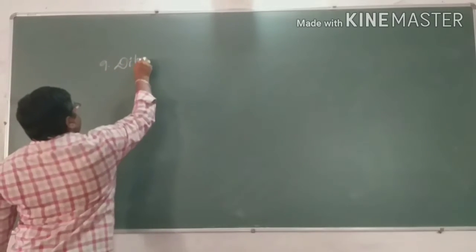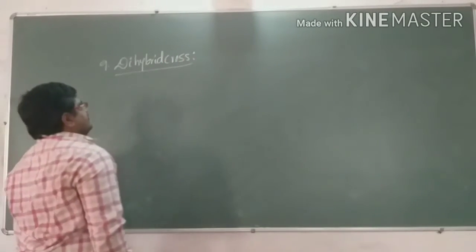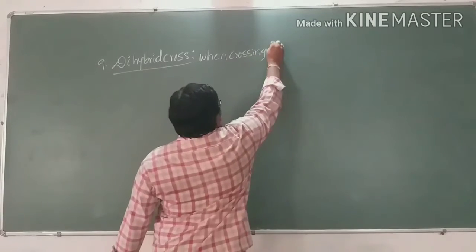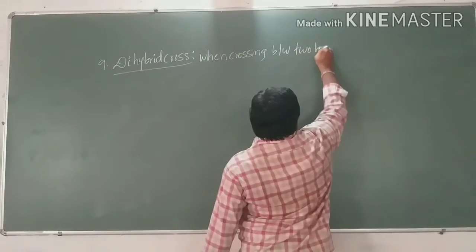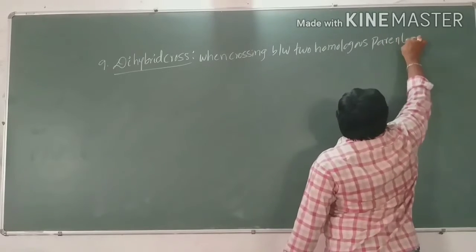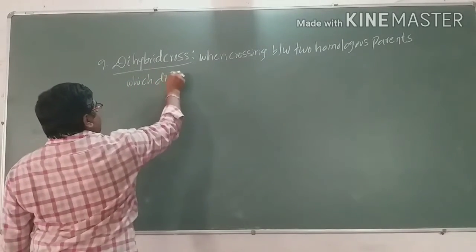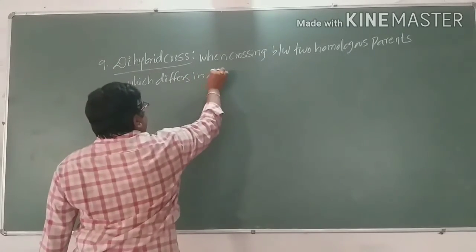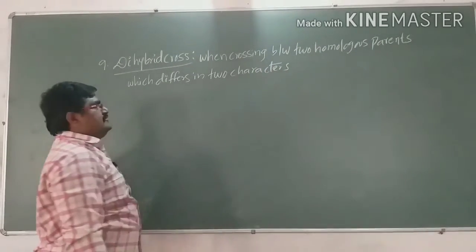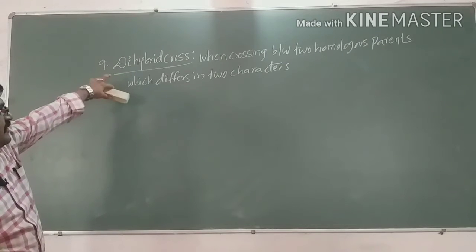A dihybrid cross. When crossing takes place between two homologous parents which differ in two characters, two pairs of contrasting characters, then we can call it a dihybrid cross.